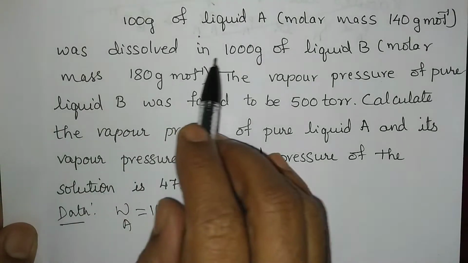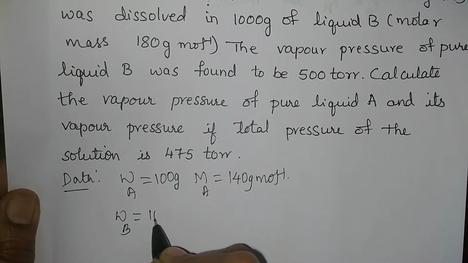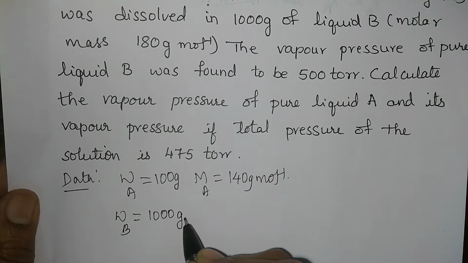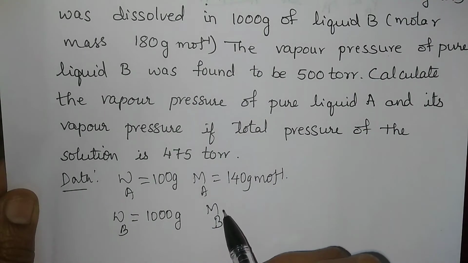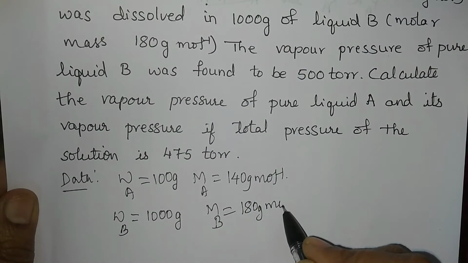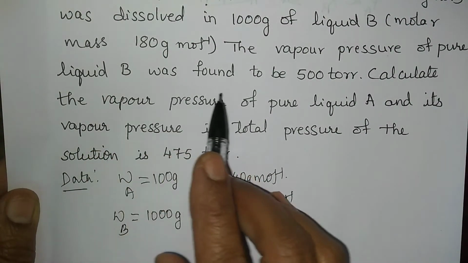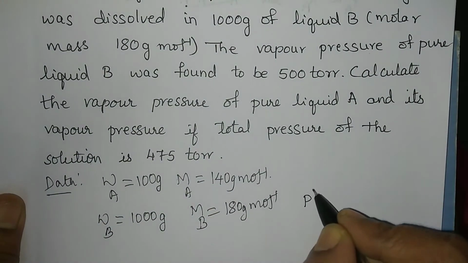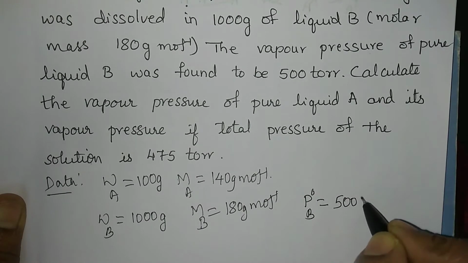Next, it was dissolved in 1000 grams of B. Mass of B is given, which is equal to 1000 gram, and molar mass of B is 180 gram per mole. Next, the vapor pressure of pure liquid B is given, P naught of B, that is equal to 500 torr.